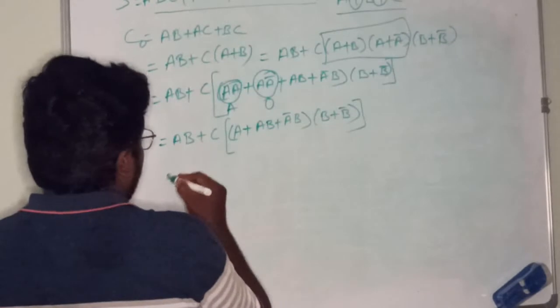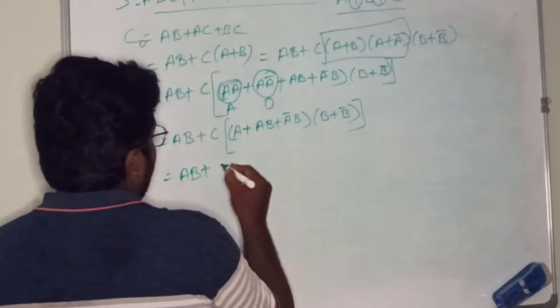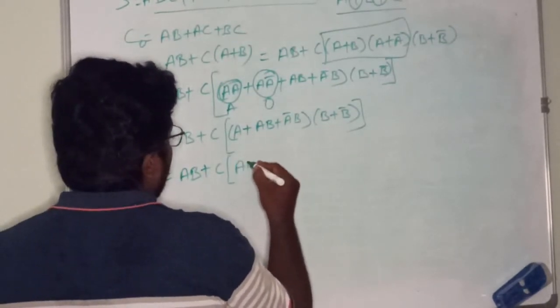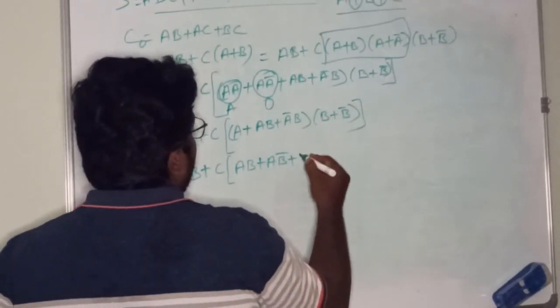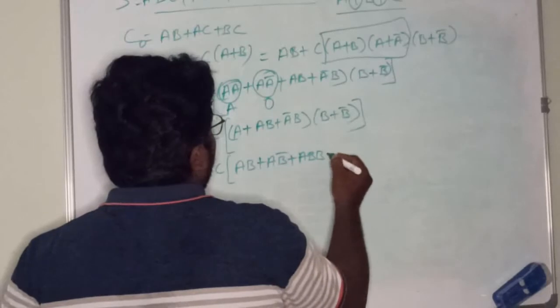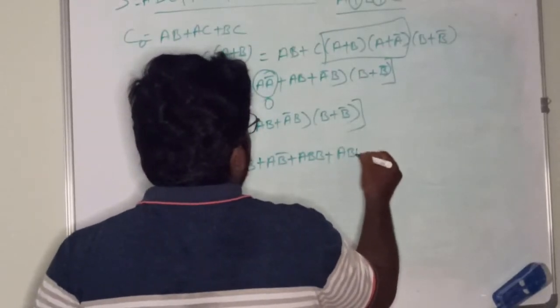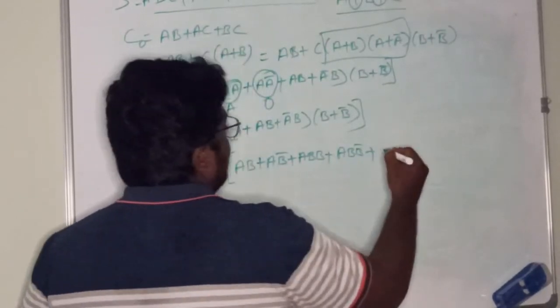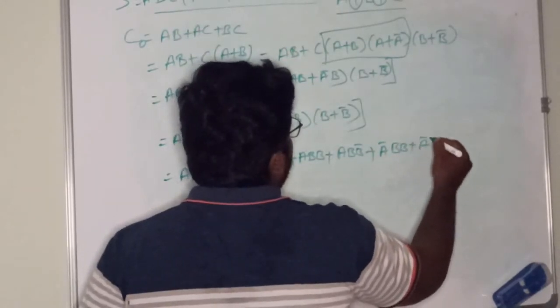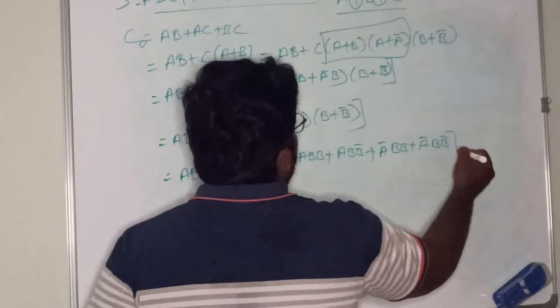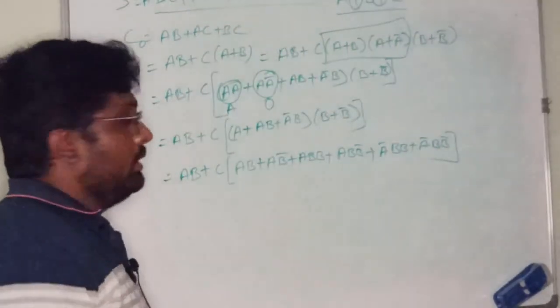So I am getting AB plus C into (AB plus AB complement plus A into BB plus A into B complement plus A complement B into B plus A complement B into B complement), right?